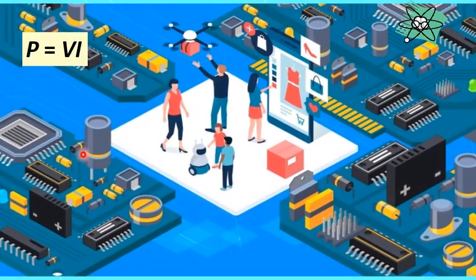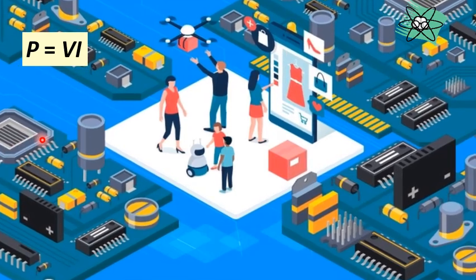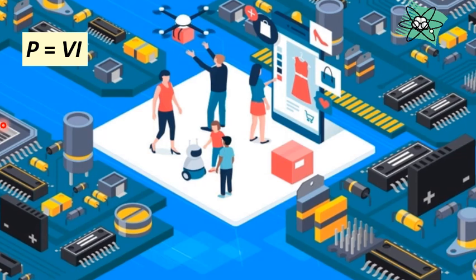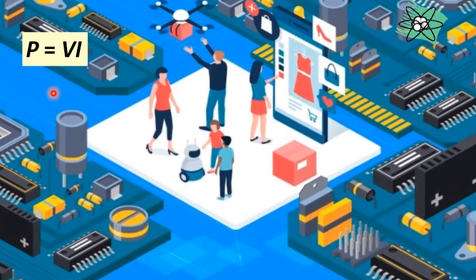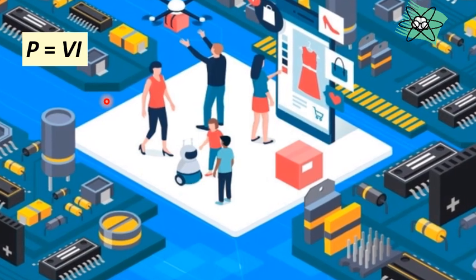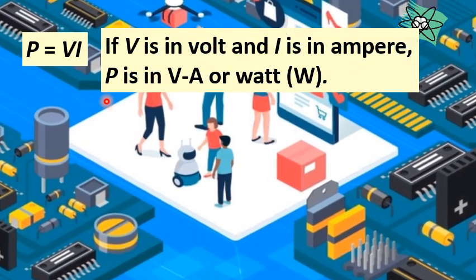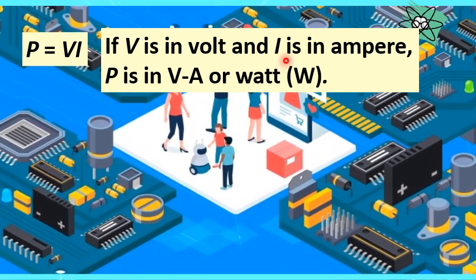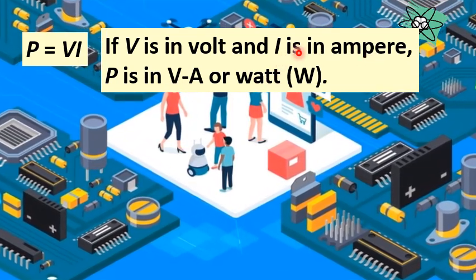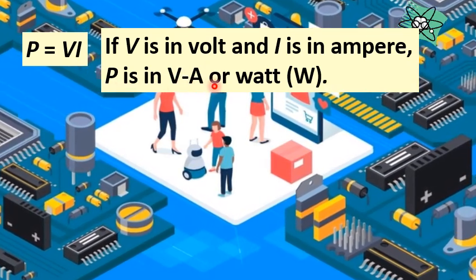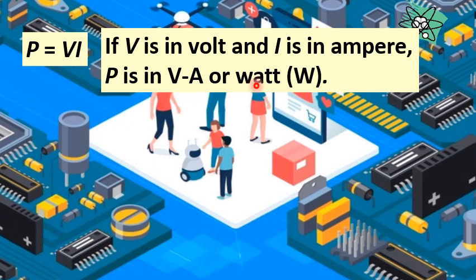Electric power P can be expressed as the product of voltage and current, or P equals V times I. If the voltage is expressed in volt, and the current is in ampere, then the SI unit of power is volt ampere or watt.